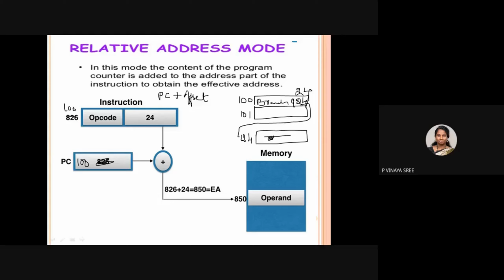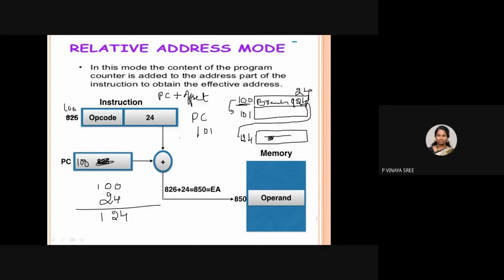One more doubt you can raise here is, I am saying that the program counter contains 100 and has to be added with the offset value 24 so that you can reach 124. But as we already decoded this instruction and know that there is a branch instruction, it means this instruction has already been fetched and started decoding, so the program counter will automatically be incremented by 1, and now the program counter will be 101.